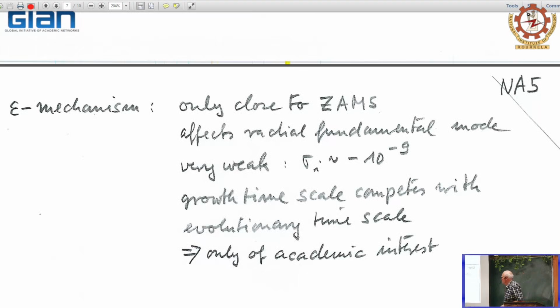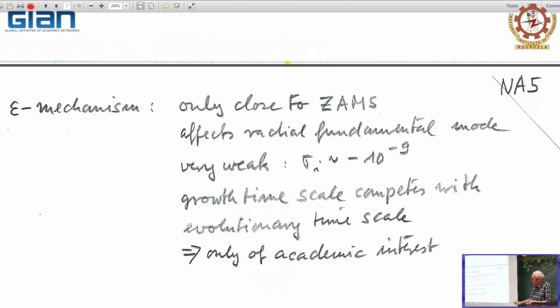Okay. Well, again, to summarize. The epsilon mechanism, only close to the zero-age main sequence, is very weak. The growth timescale competes with the evolutionary timescale, and therefore it's only of academic interest. I should note here perhaps that the epsilon mechanism has in former times always been discussed with respect to the maximum mass a star can have, because people have considered the epsilon mechanism along the main sequence, and they found that the epsilon mechanism sets in at masses, well, it depends on the author and on the opacities people have used, of the order of 100 solar masses.